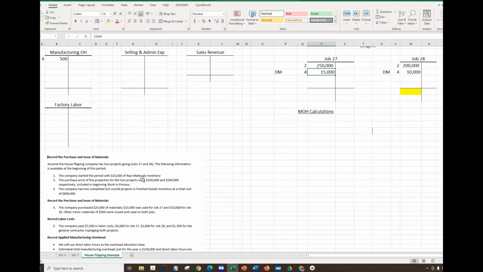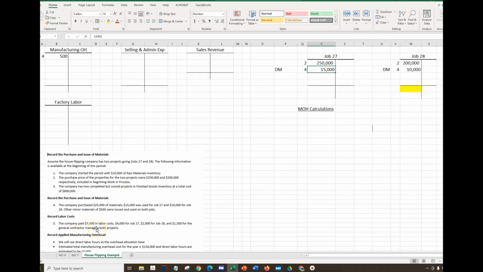Okay. Record the labor costs. The company paid $7,500 in labor costs, $4,000 for job 27 and $2,000 for job 28, and $1,500 for the general contractor managing both projects.